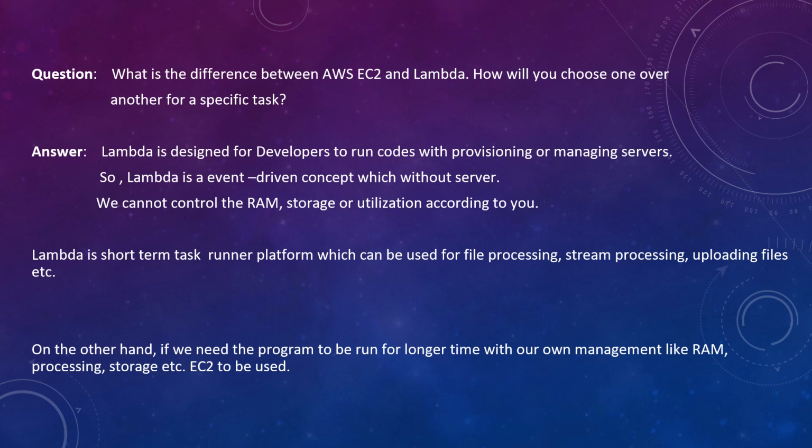However, the EC2 server we can manage by our own requirement, right? For example, if we need more storage, we can manage it. If we need more RAM, in EC2 we can manage it. If we need more utilization, we can manage servers according to our need. So this is the basic difference between EC2 and Lambda.